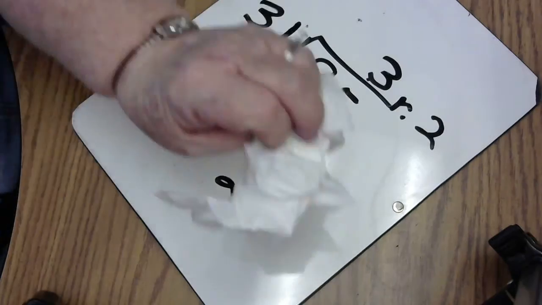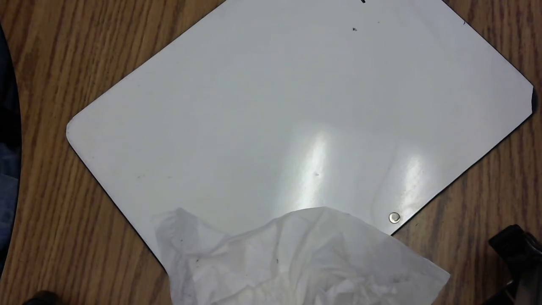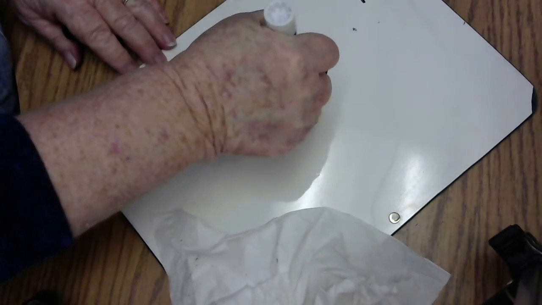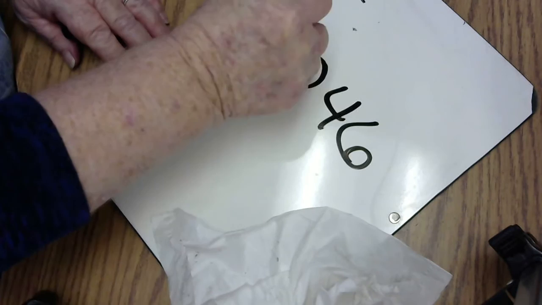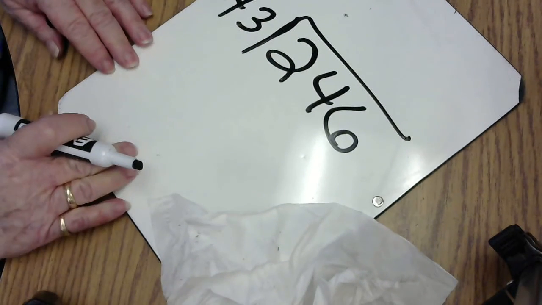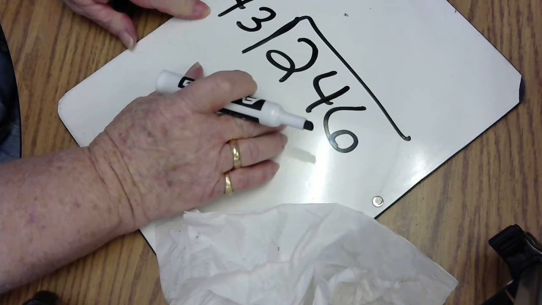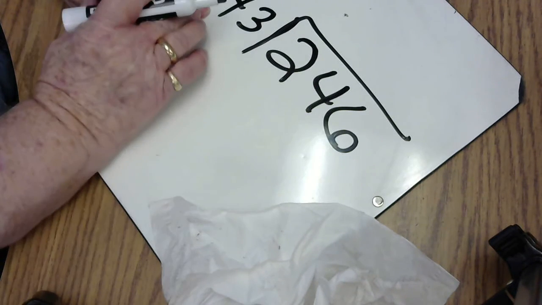Divide 246 by 43. Well, we can think how many 4s are in 24. Well, that's 6. But we're not taking 43 into 24.